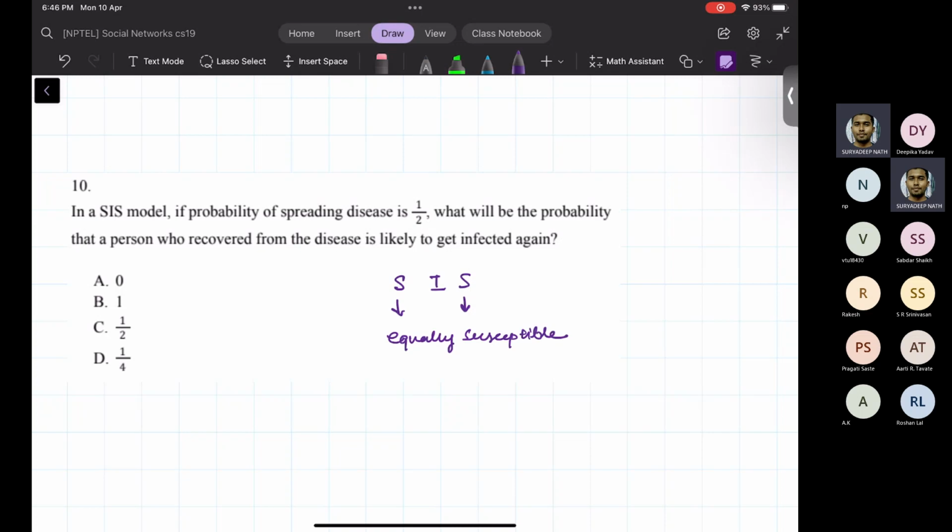It doesn't mean that if you become vulnerable after getting infected once, your vulnerability reduces. It basically means that they will remain equally vulnerable before or after getting infected. So it will remain half. So option C is the right answer for this question.